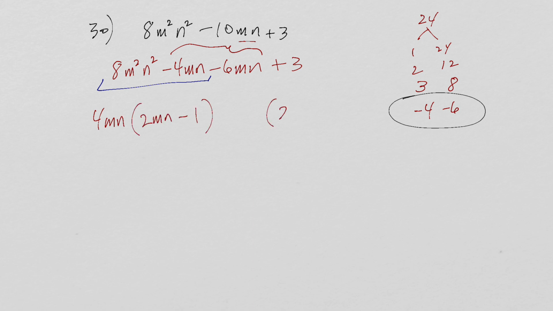I'll leave a big space, and I'll put 2mn minus 1 down again. Then I'll think about what has to go here so that when I distribute, I get back to those. And it looks like a negative 3. And just double check. Negative 3 times this is this, negative 3 times this is this. So my final answer is 2mn minus 1 times 4mn minus 3.